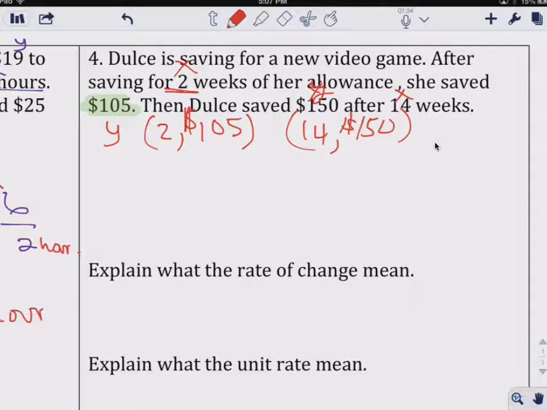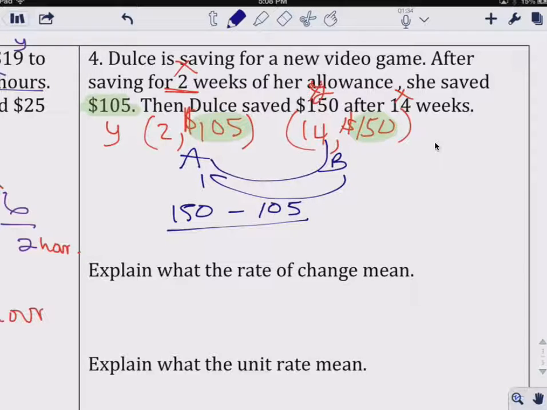Okay, so finding the rate of change. A to B, or B to A. I'm going to do B to A. So that's 150 minus 105, and B to A, 14 minus 2, that's 45 over 12.